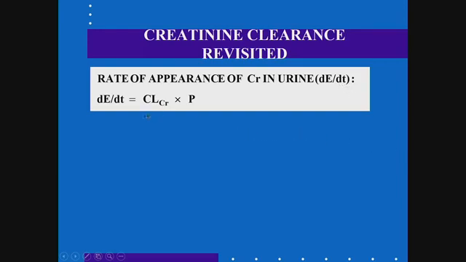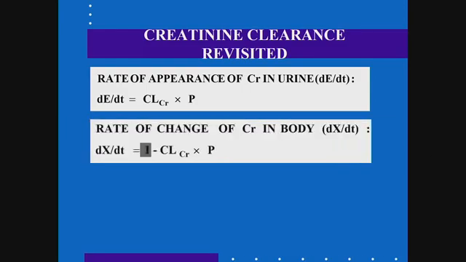And now this is equal to the clearance for creatinine and the plasma concentration at that time. So again, that equation that we had before is really a differential equation in disguise.